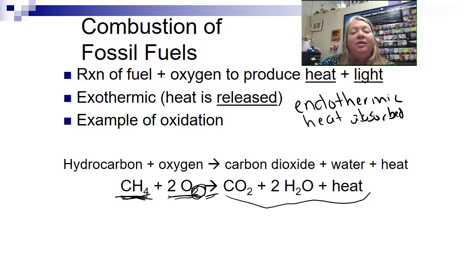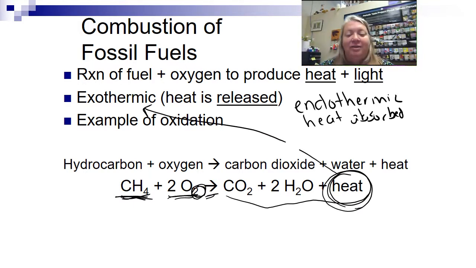So the products include carbon dioxide, we have water. Now think about that. When you burn something, you produce water. And then heat. And the heat on the product side means that it's exothermic. So your hydrocarbon, in this case methane, and two oxygens react to make a carbon dioxide and two waters and heat. Again, that's a balanced chemical equation at the bottom. We'll talk more about balanced chemical equations later on.